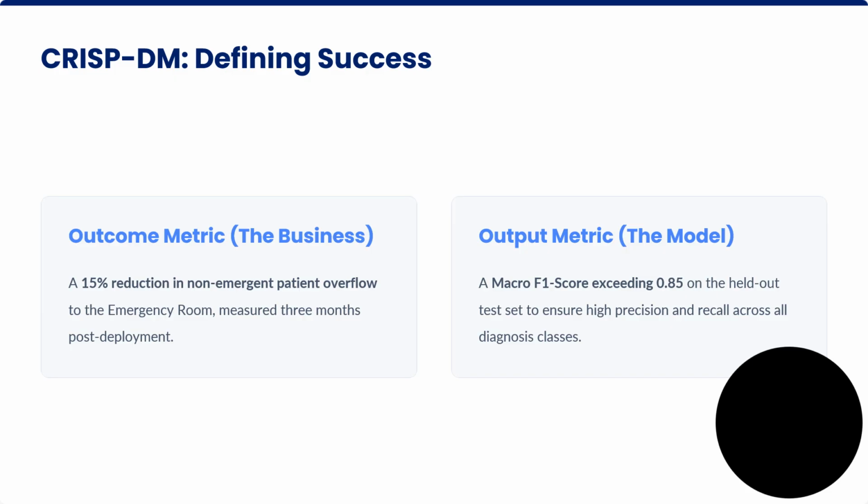The model's technical success or output metric will be evaluated using the macro F1 score, which must exceed 0.85 on the held-out test set to ensure high precision and recall across all major diagnosis classes. The relevant factors here are patient demographics, reported symptoms, and their medical history.